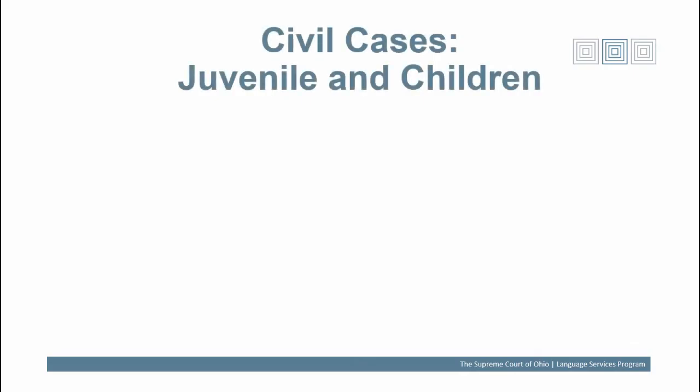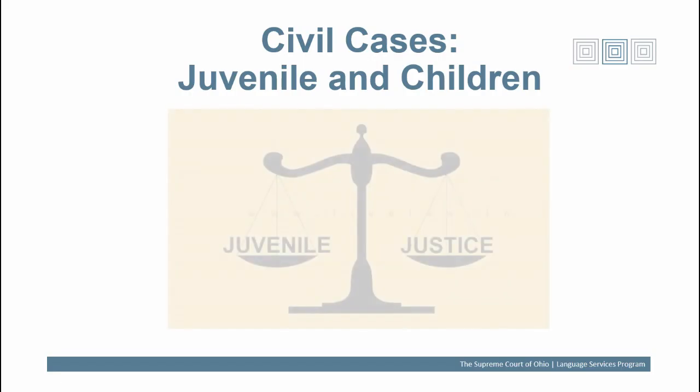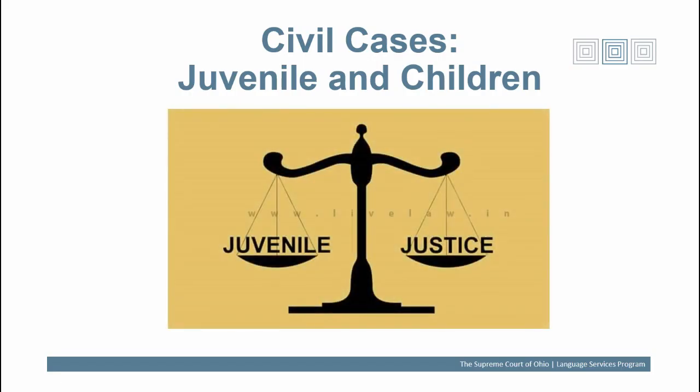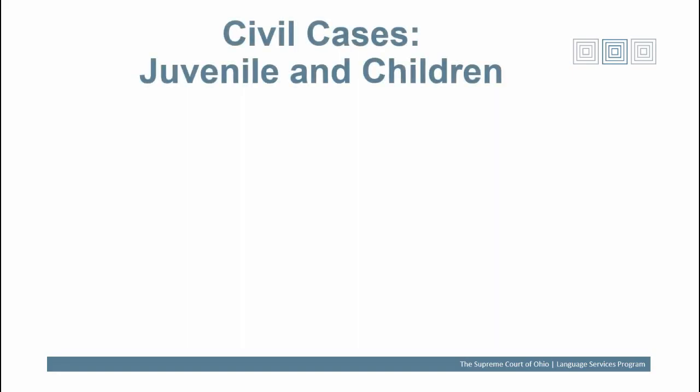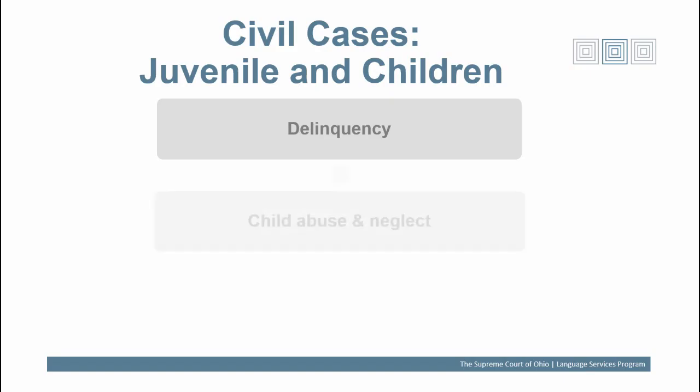Cases heard by the juvenile court are also considered civil cases. When interpreting in juvenile court cases, interpreters can encounter the following terms: delinquency, cases involving juveniles 10 years or older who have violated state or federal criminal law.